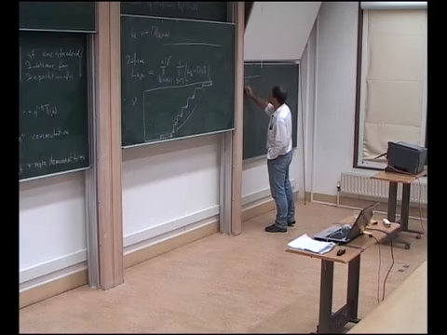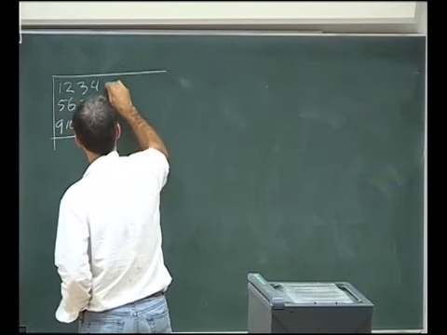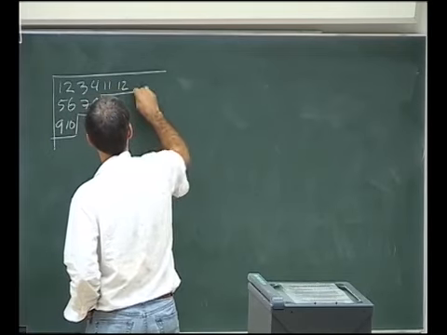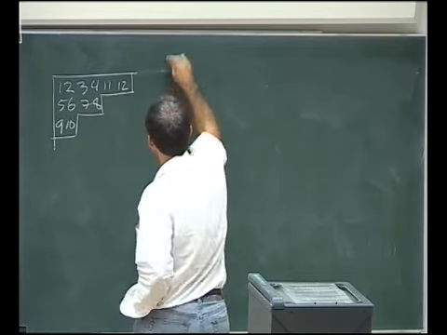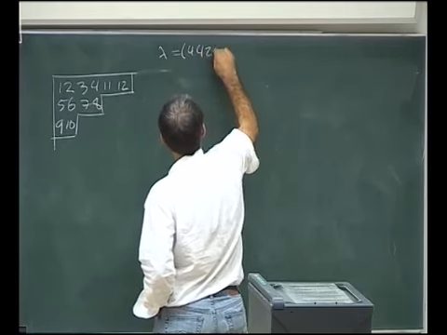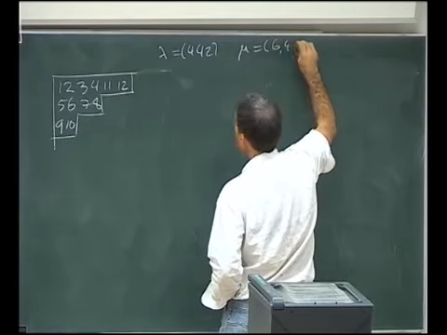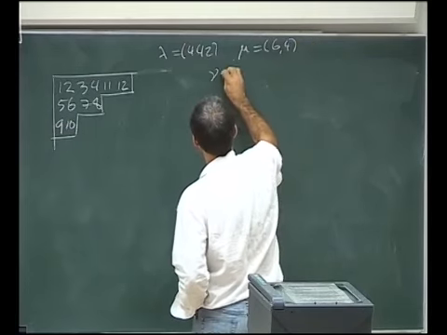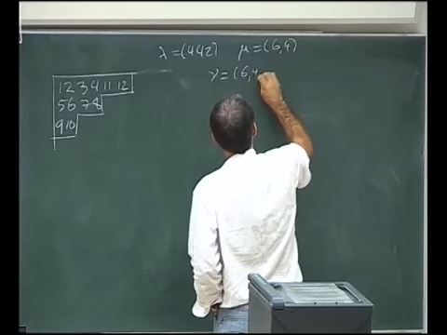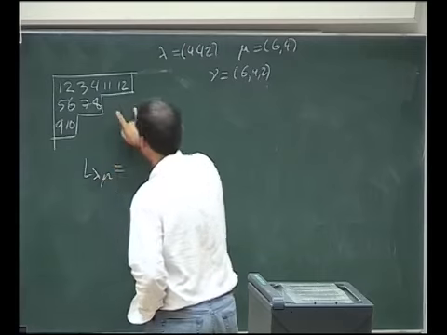And if we think about what this is doing, let me take my favorite example. I'm taking my lambda to be 4, 4, 2, and my nu to be 6, 4.